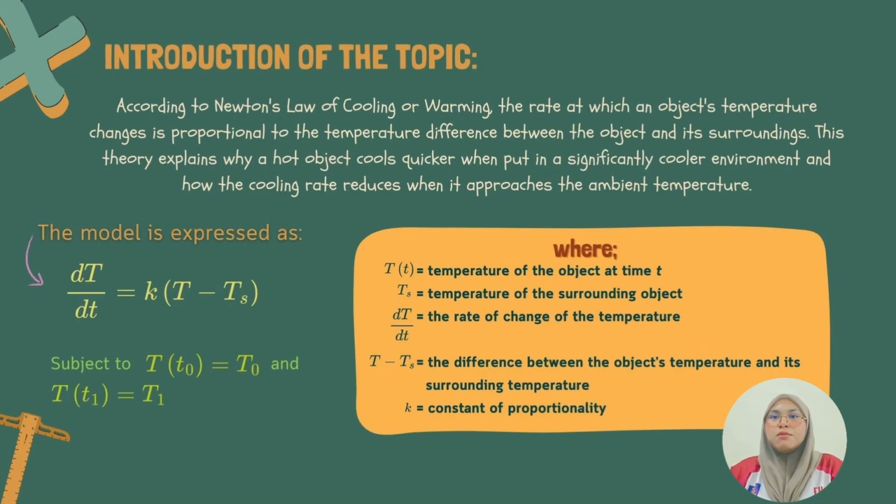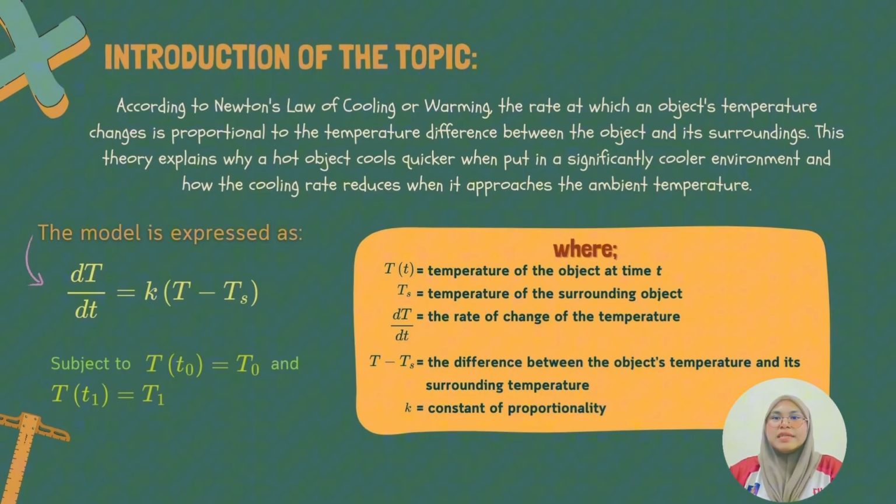The mathematical model for this behavior is expressed as dT/dt = k(T - Ts), where T(t) is the temperature of the object at time t, Ts represents the temperature of the surrounding, and dT/dt is the rate of change of the temperature.